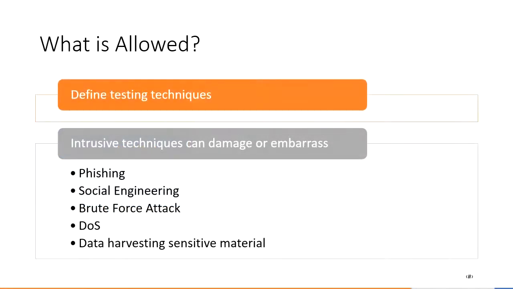I want to talk about what is allowed for testing. This means defining your testing techniques and making sure that your client is aware of any possible intrusive techniques that could cause damage or create embarrassment for your client. Those could include phishing, social engineering, brute force attacks, denial of service, or data harvesting of sensitive information or material.